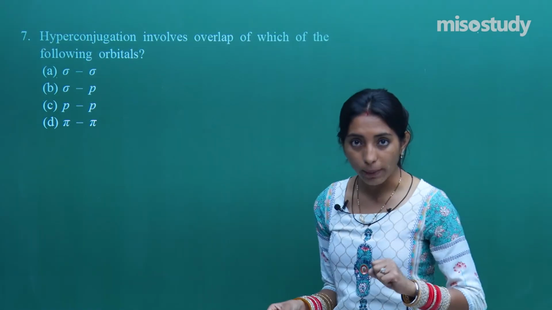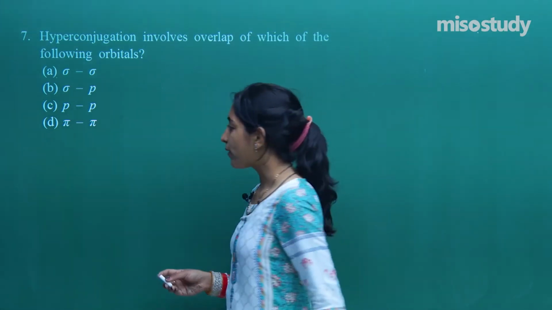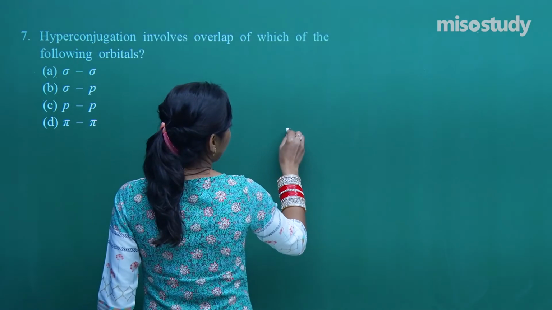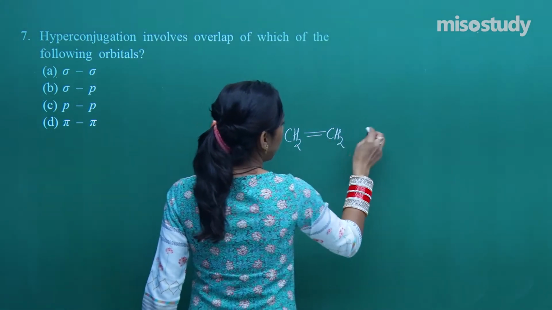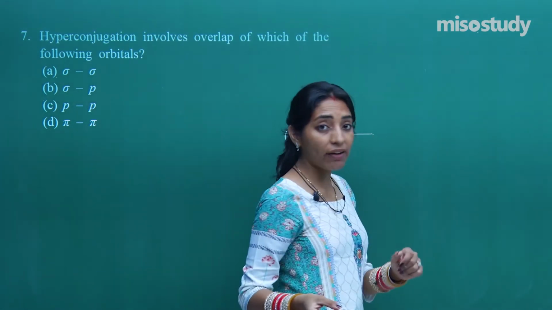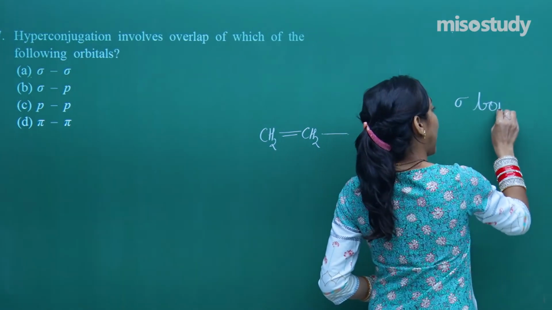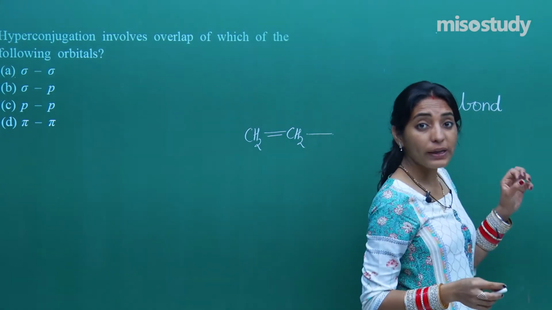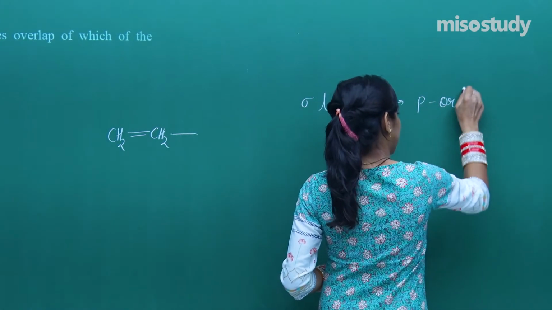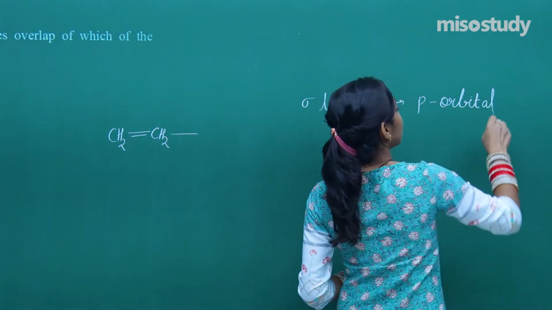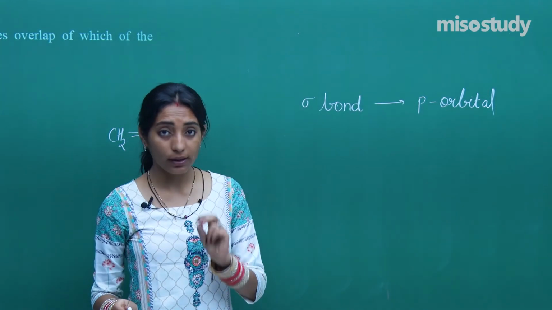By the way, guys, in the case of hyperconjugation, we will be having a sigma bond, and that sigma bond will be transferring its electrons to the p orbital, and this is what is involved in the concept of hyperconjugation.